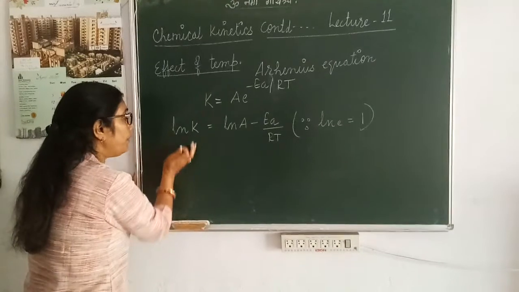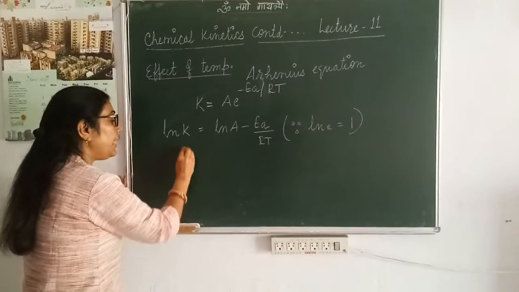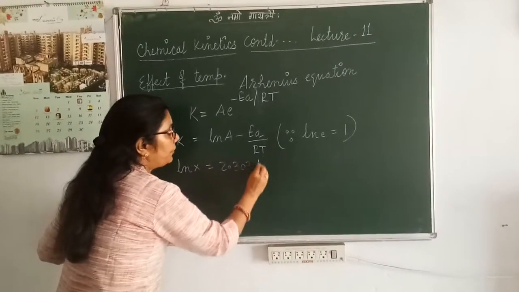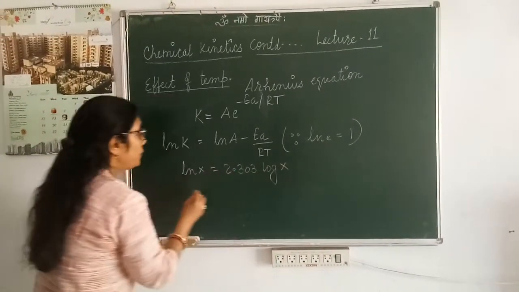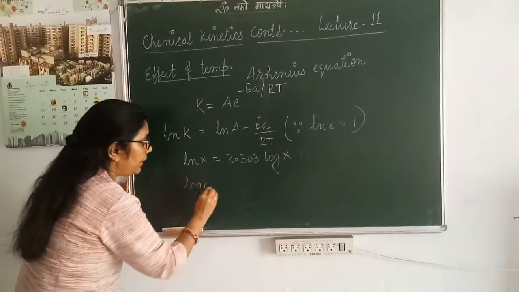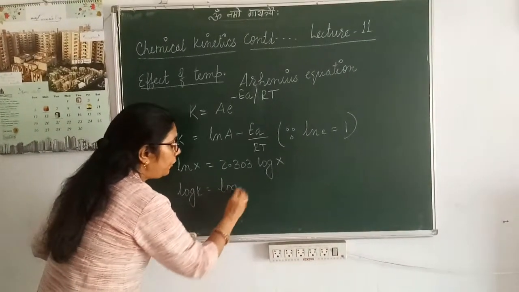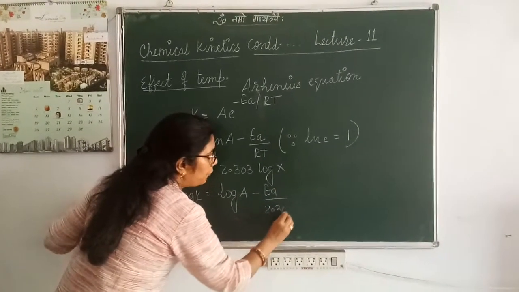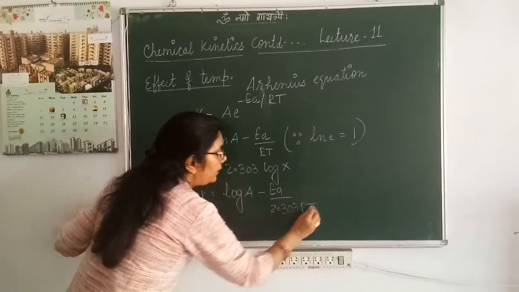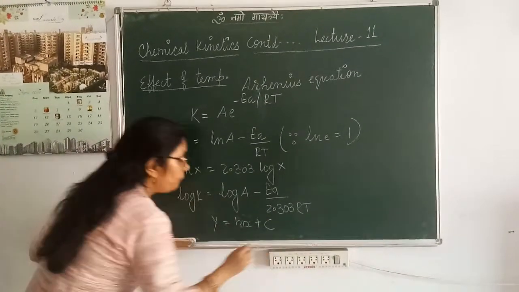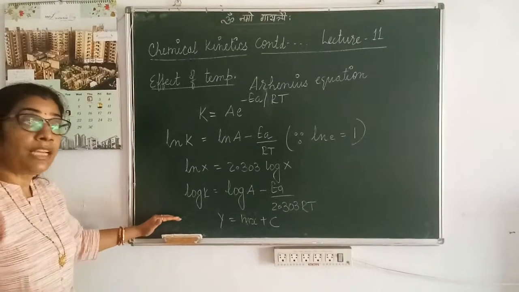Now changing to common logarithm base 10, ln x is equal to 2.303 log x, so that this becomes log k is equal to log A minus EA by 2.303 RT. And you can see the equation is in the form of a straight line, y is equal to mx plus c.